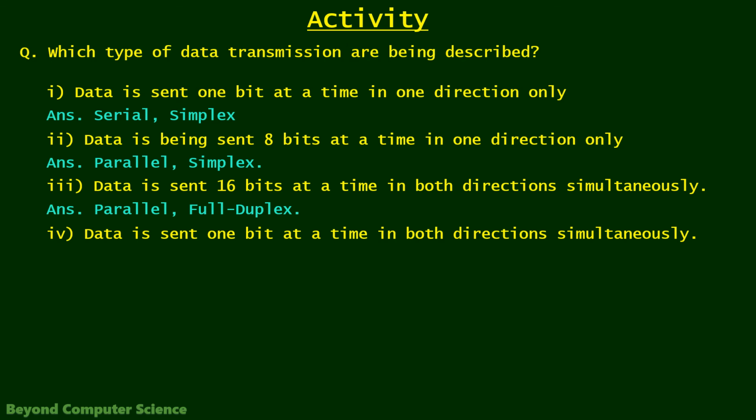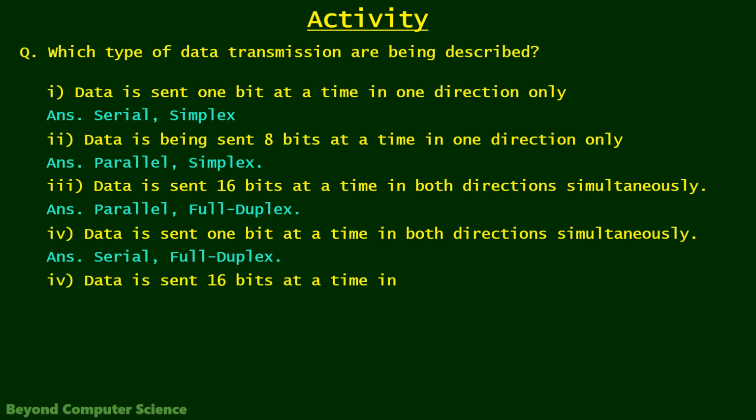One bit at a time means serial, and both directions simultaneously means full duplex. Finally, data is sent 16 bits at a time in one direction only. 16 bits again means parallel, and one direction means simplex. So parallel and simplex.